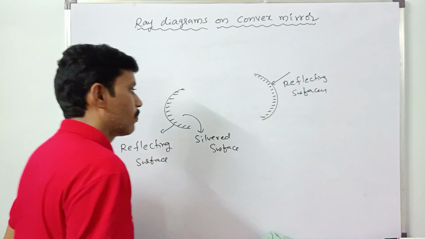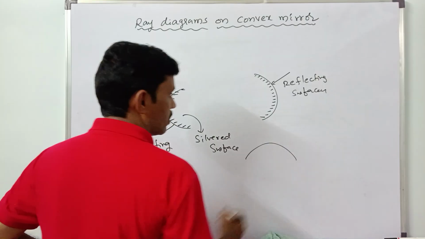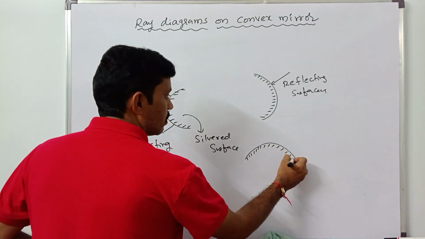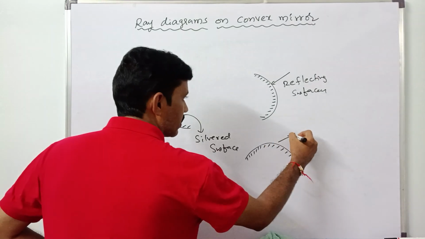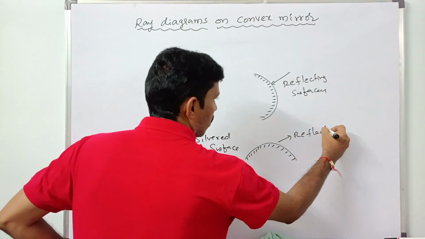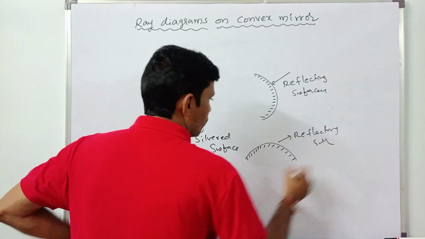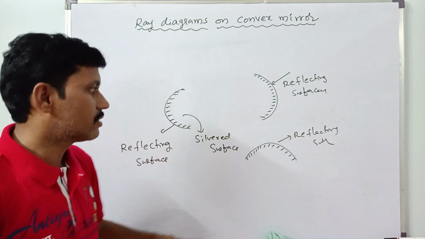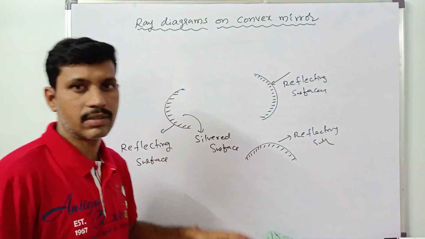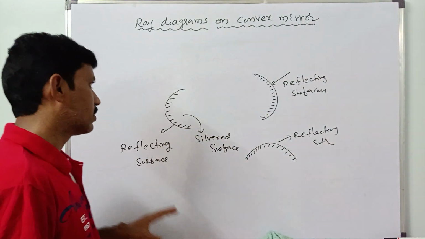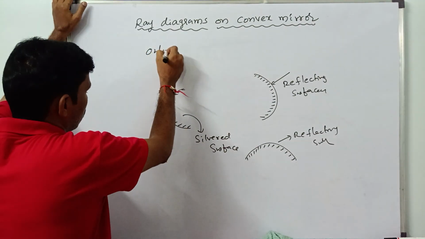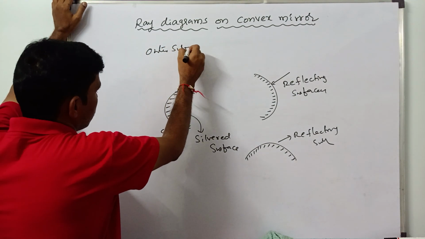Such mirrors are called convex mirrors. Outside is the reflecting surface means light is incident on the outer surface and reflected back. Clear? So simply, convex mirror means the reflecting surface is the outer surface.